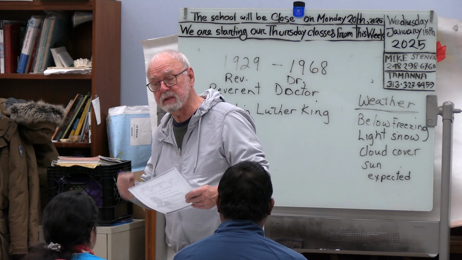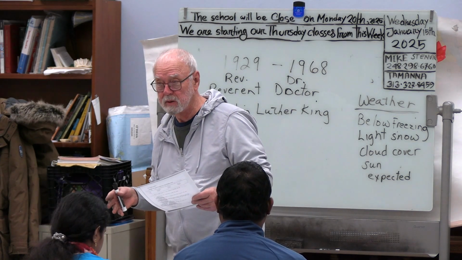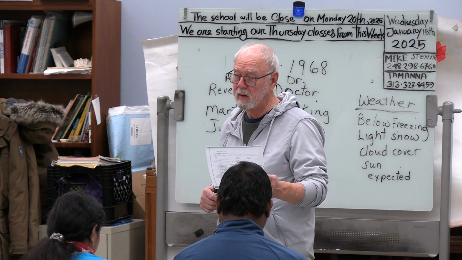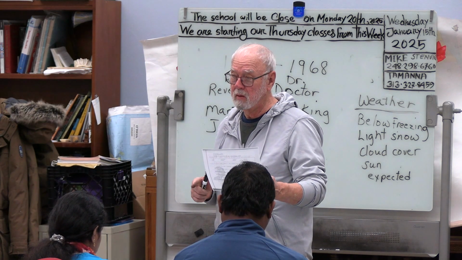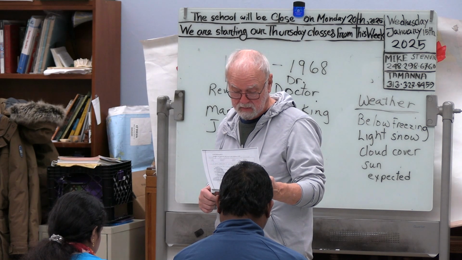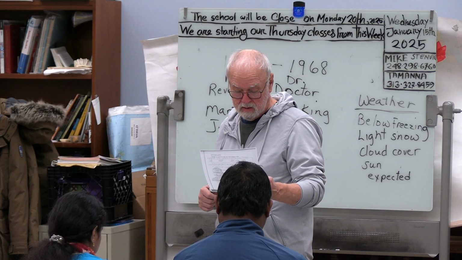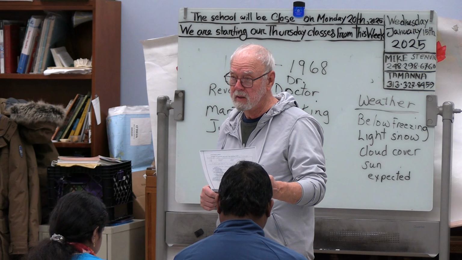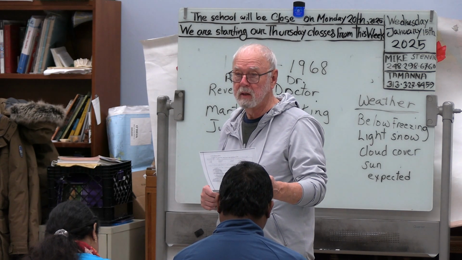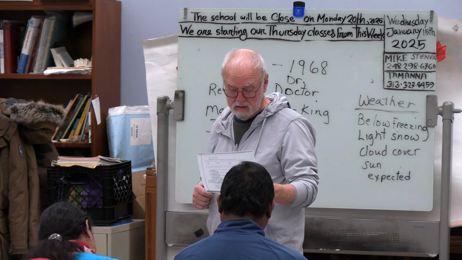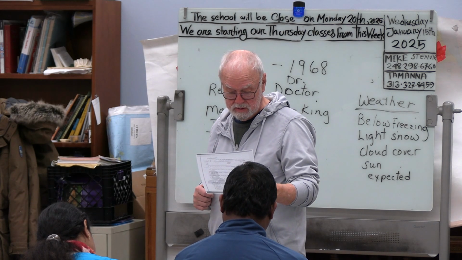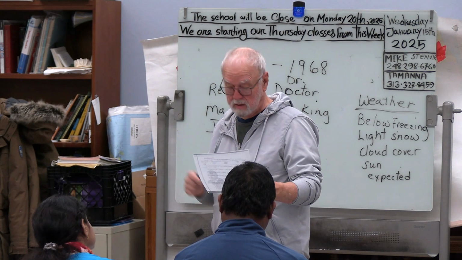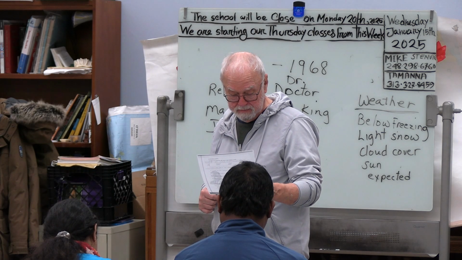Washington, D.C. is the capital of the U.S. Go ahead. Thousands of people listened to his famous speech. It begins, I have a dream. Very famous speech. Next one's Salamia.